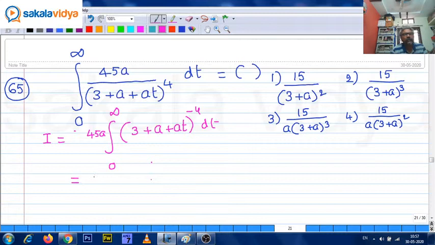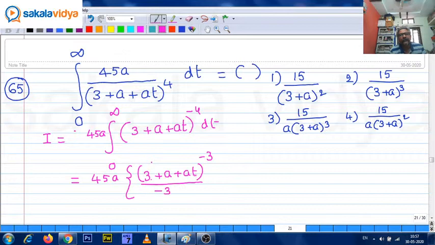So you can write 45a times (3 plus a plus at) whole to the power of minus 4 plus 1, that is minus 3, divided by minus 3, but the differentiation is a, divided by a. Here the limits 0 to infinity you need to apply.